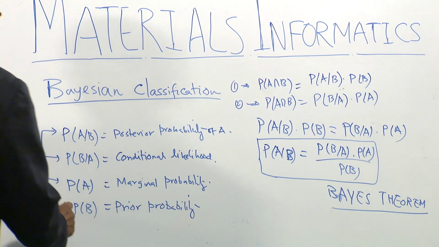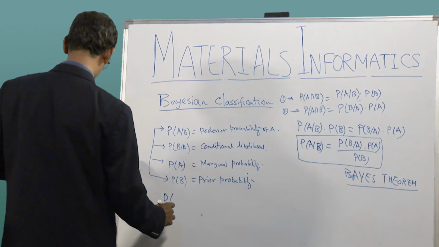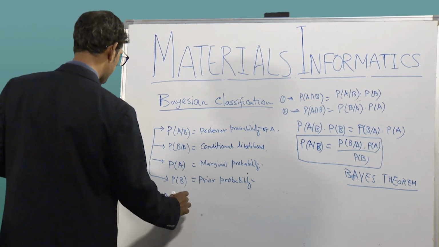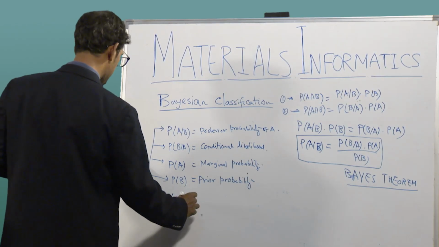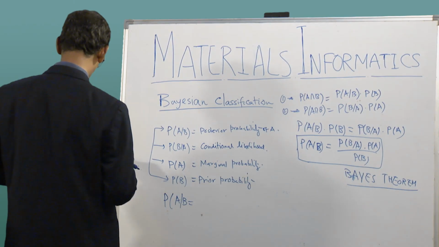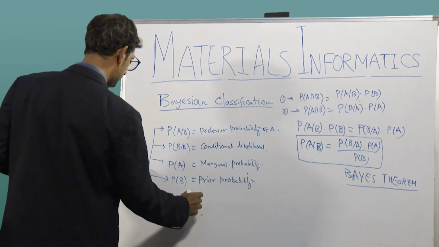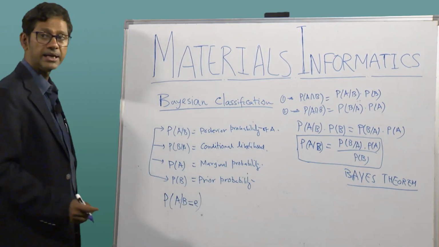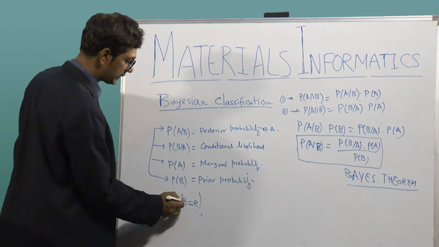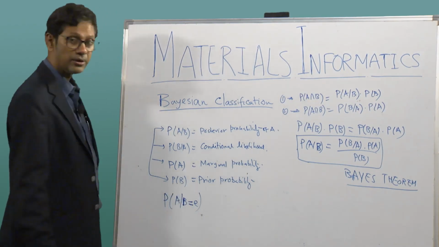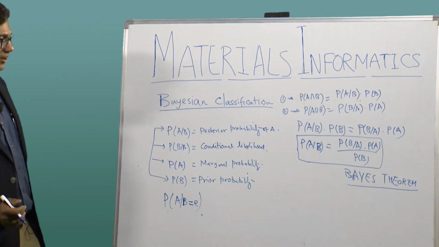Now, let us say I have to write the posterior probability of A given B for a given value of event E. This is something like tossing a coin: what is the probability of getting the top side of a 10 rupee coin?